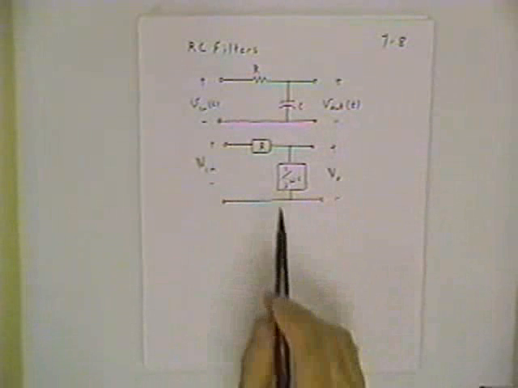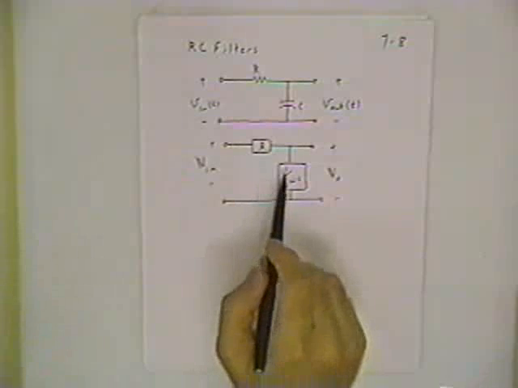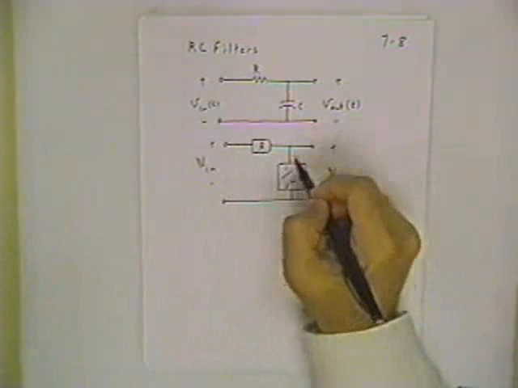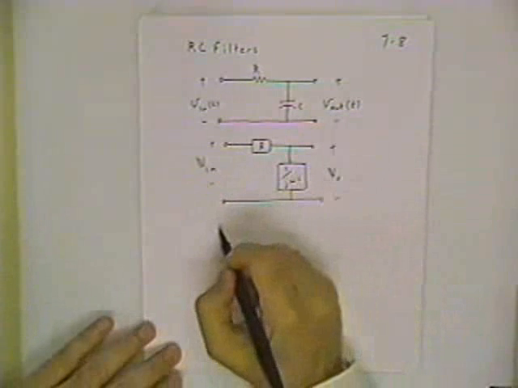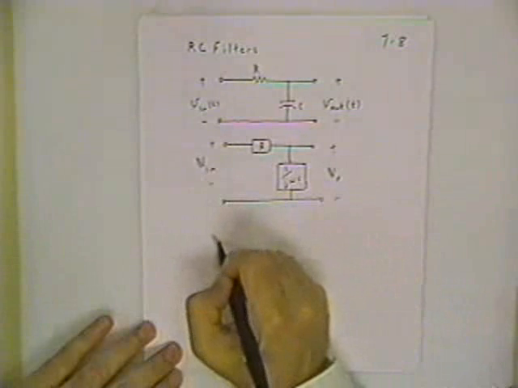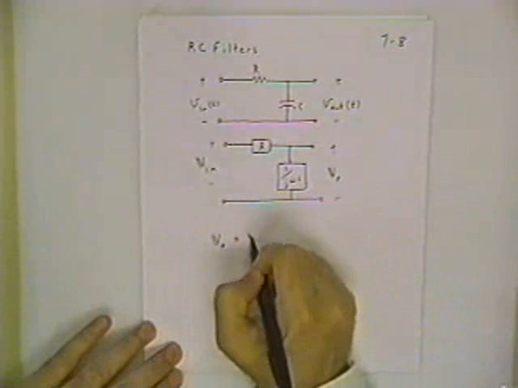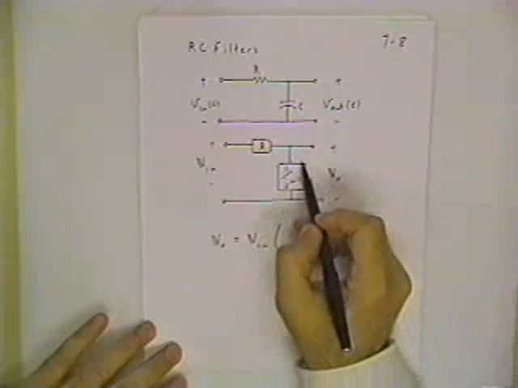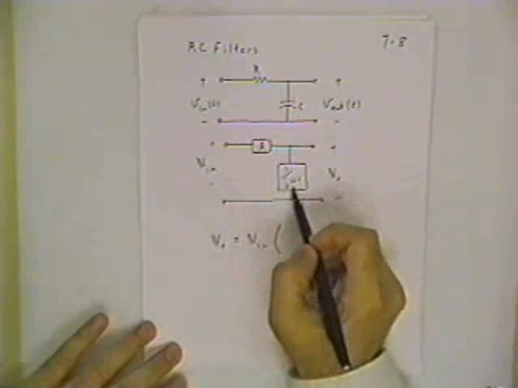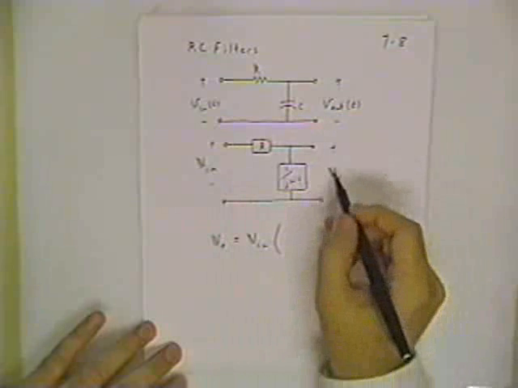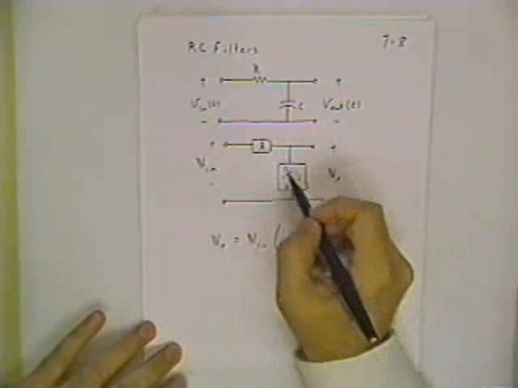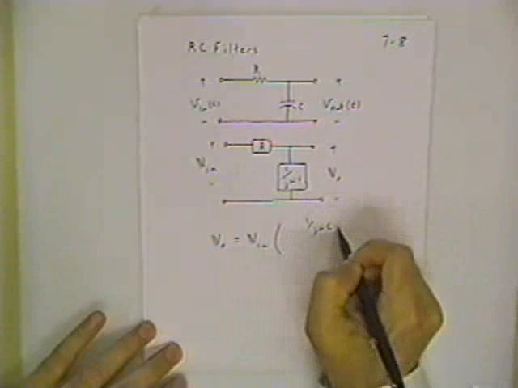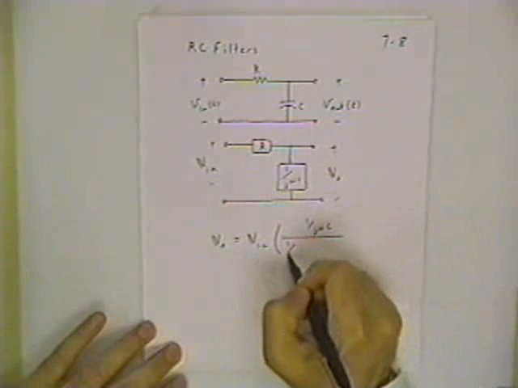Well, if it's true that I can handle this circuit with impedances the same way as I handled a similar DC circuit with resistances, I should be able to apply a voltage divider. It says if all I want is the output voltage and I know the input voltage, I can handle it this way. V out is equal to a fraction of the input, and that fraction is given by the impedance of this block divided by the sum of these two impedances. That's strictly analogous to taking R2 divided by R1 plus R2 in our resistor circuit. Just have to be careful with the j's.